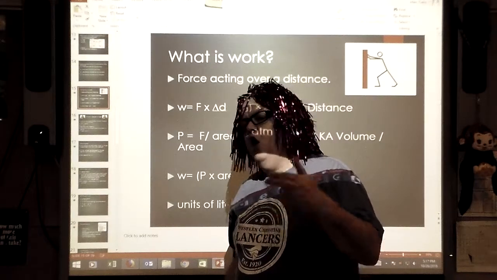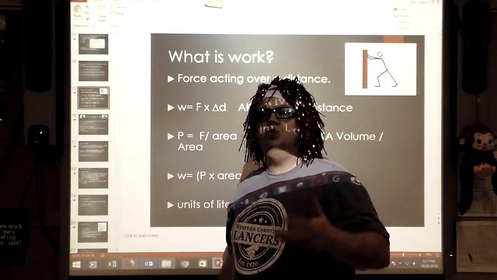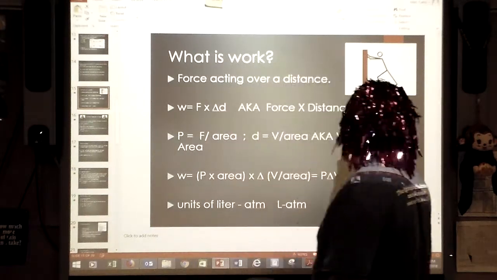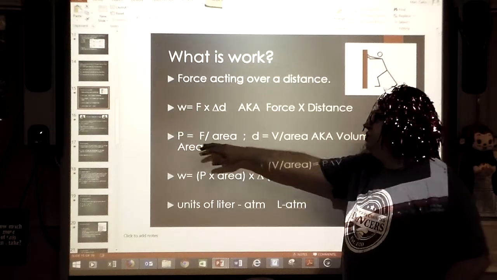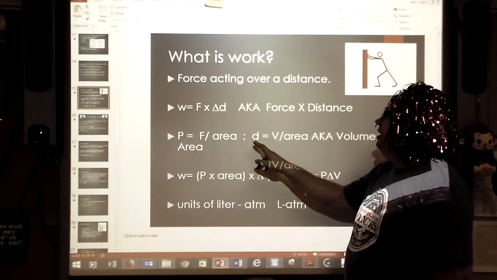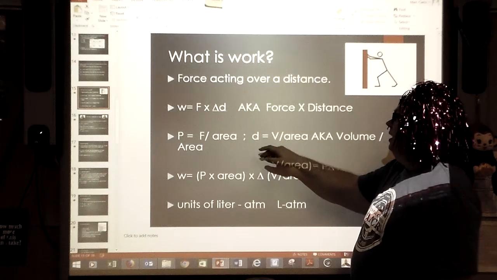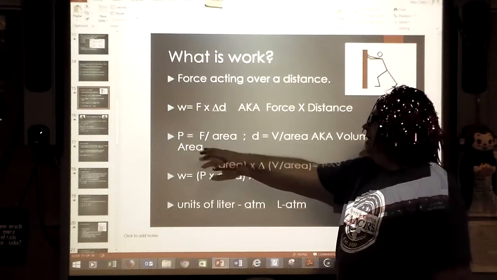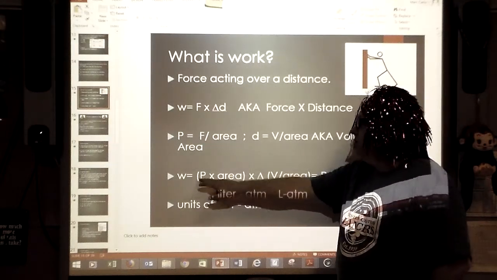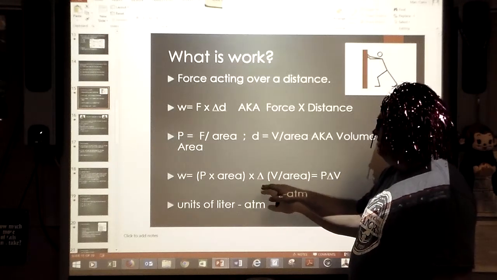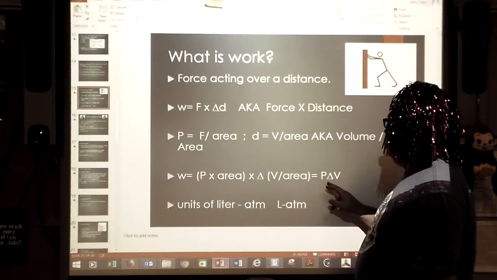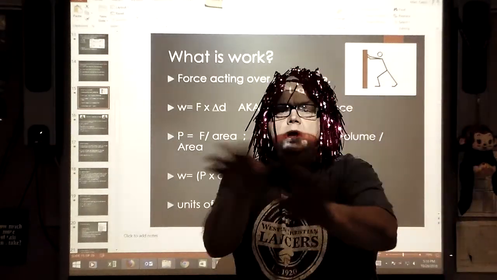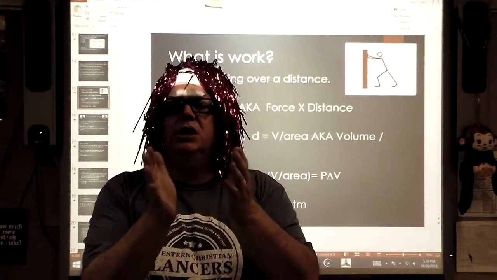When you put your feet down on the floor and it's in contact with the floor, guess what? That's pressure. Yes, absolutely, okay? So if pressure is equal to force over area, the distance is the volume over the area, also known as the volume divided by the area. Okay, so work is equal to pressure times area times delta volume over area, and that equals P delta V. If you didn't understand it, here's an easy way to look at this.